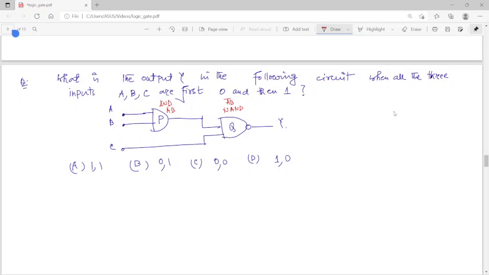So when all three inputs are first 0: this is 0, this is 0, and this is 0. So 0 AND 0 will give you 0, and then 0 dot 0 bar will give you 1.